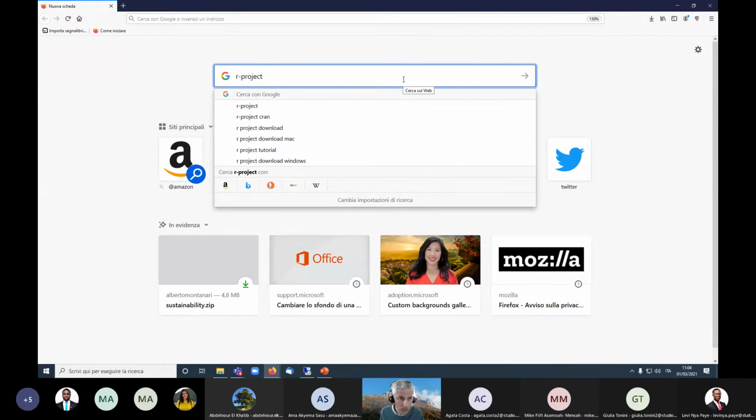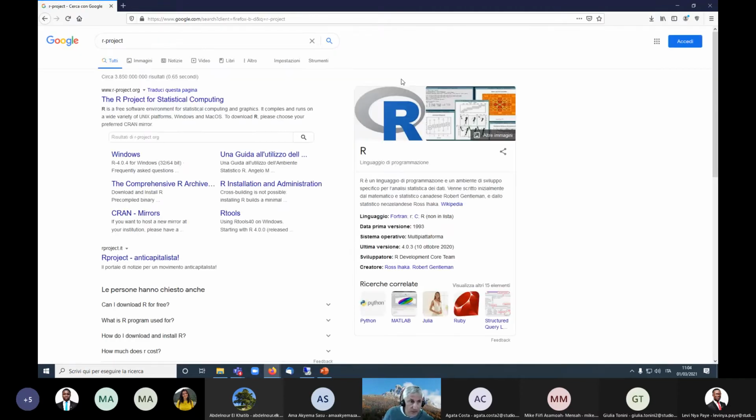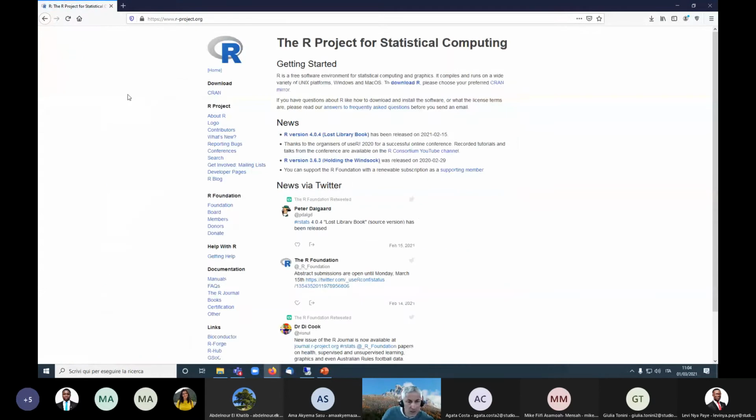If you search in Google for R, dash, project, you get the first link. It's the R project for statistical computing. Forget about statistical. I will explain later why it's called in this way. And you get to the web page that you can see here.